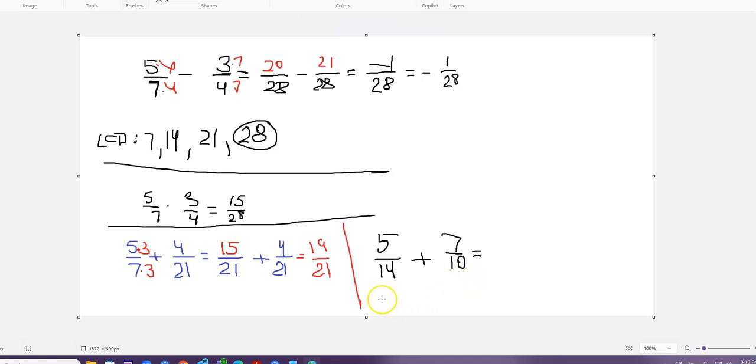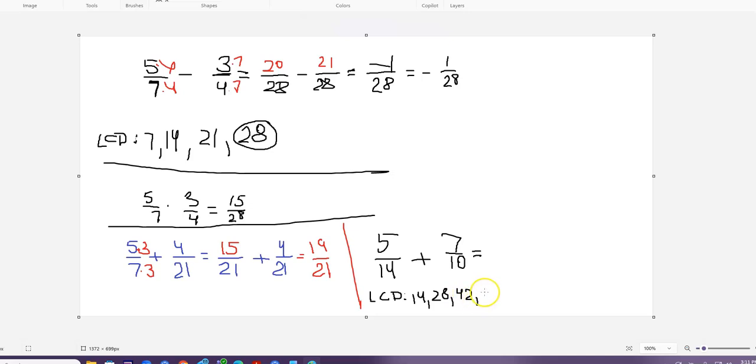What will be the result of this operation? For the LCD, we choose the larger number, 14, and we keep checking the multiples of 14. 14 times 1, 14. 10 doesn't go into 14. So 14 times 2, 28. 10 doesn't go into 28. 14 times 3, 42.